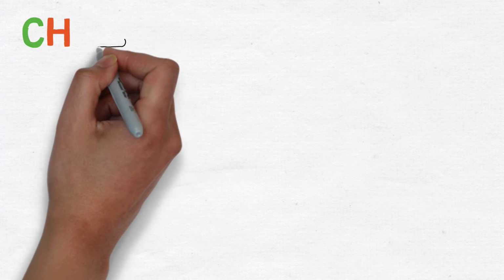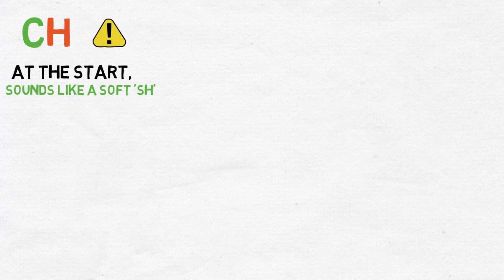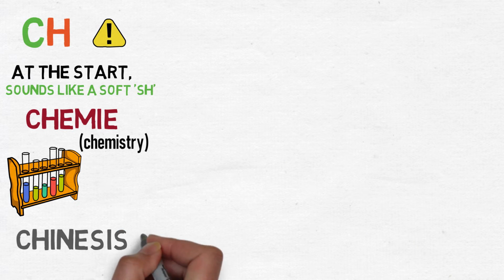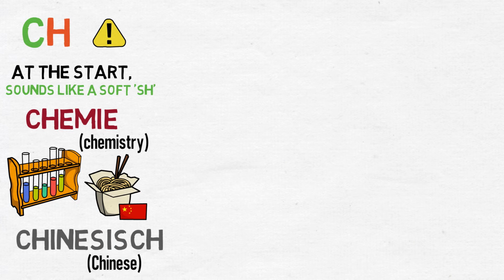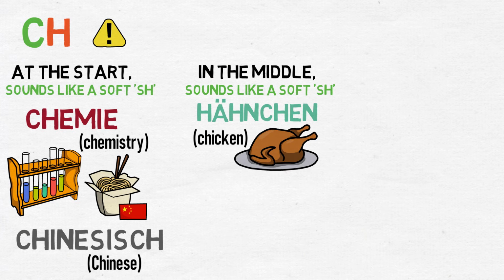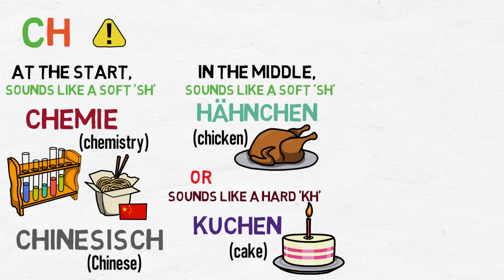CH. This is a difficult sound and it can change depending on where in the word it is. At the start, it can be sh, for example, Chemie, meaning chemistry, or Chinesisch, meaning Chinese. In the middle, it is a soft ch, like Hähnchen, meaning chicken, or k, like Kuchen, meaning cake.